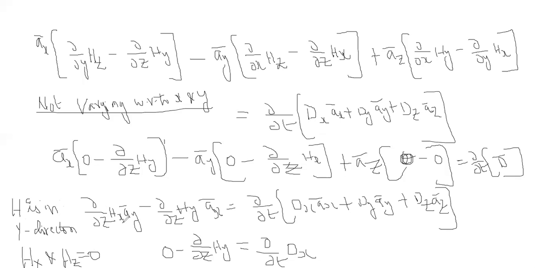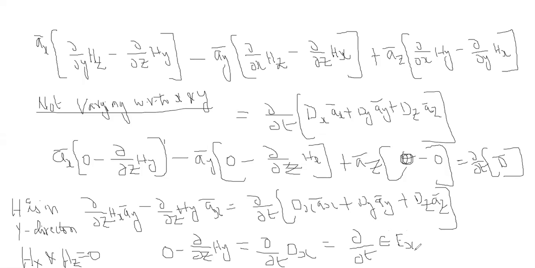So I substitute the Hx here as 0, and ∂/∂z, it varies with respect to z, and Hy is not equal to 0. So minus ∂Hy/∂z is equal to ∂/∂t of Dx. I am changing that D in terms of E: ∂/∂t of Dx is epsilon into Ex.